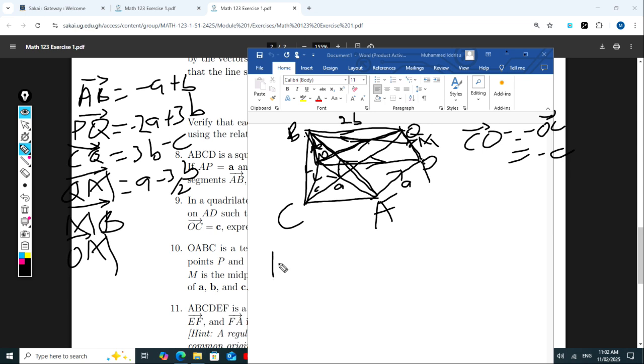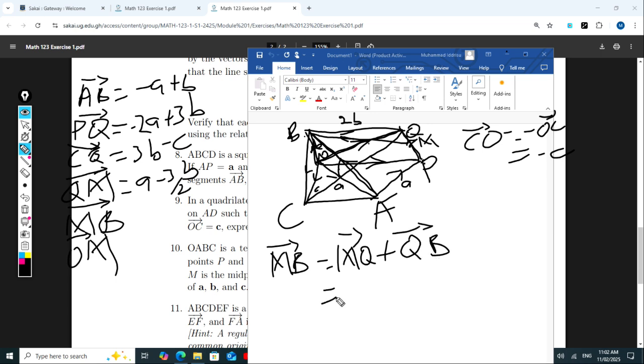So MB will be equal to MQ, using the triangular law, you have MQ plus QB.